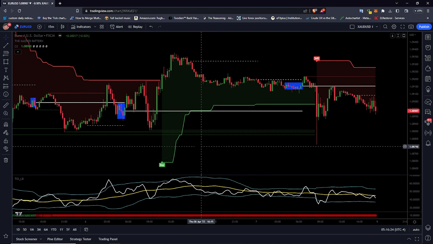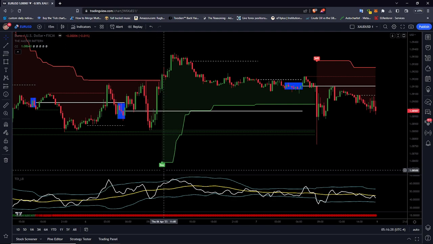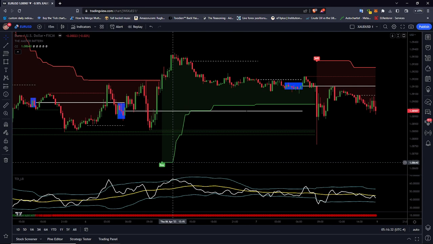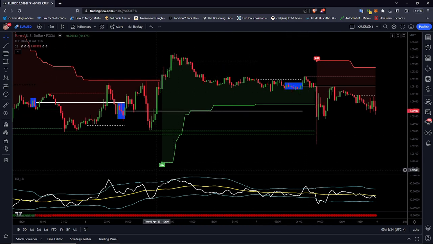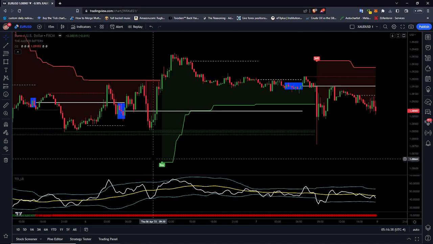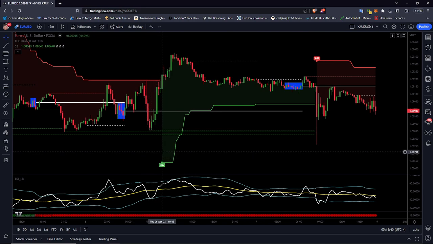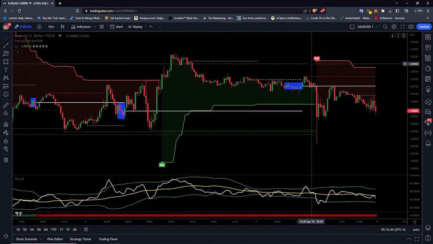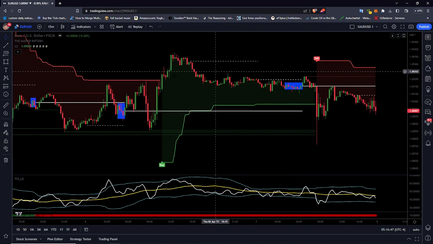Okay, so basically this indicator, by the way, isn't a buy or sell signal. Okay, it's just a buy or sell zone. When it switches to bullish, it starts to print this line. To bearish, it starts to print this line.